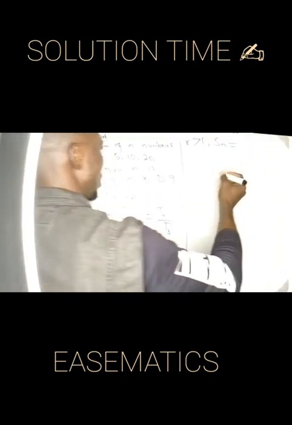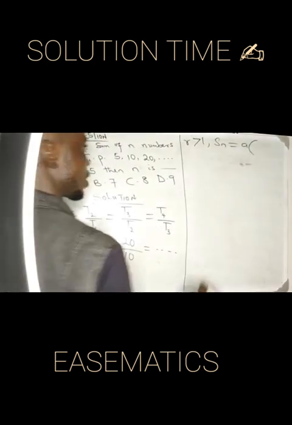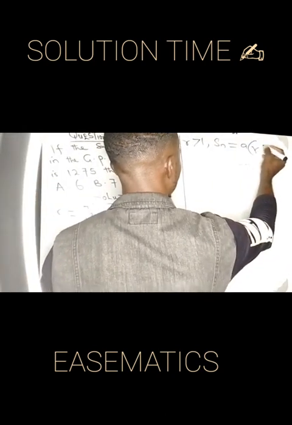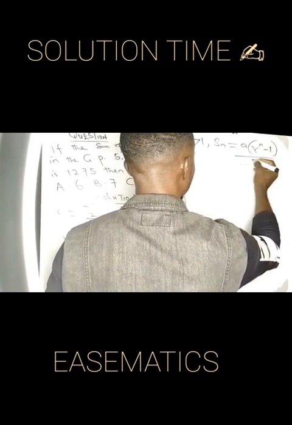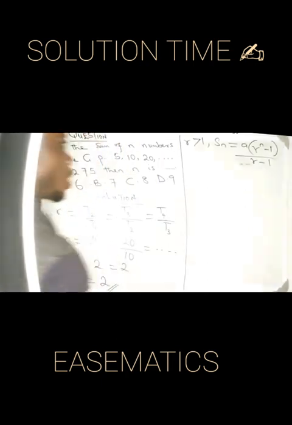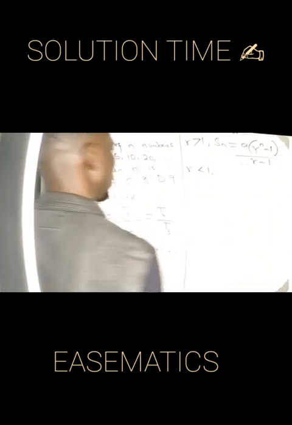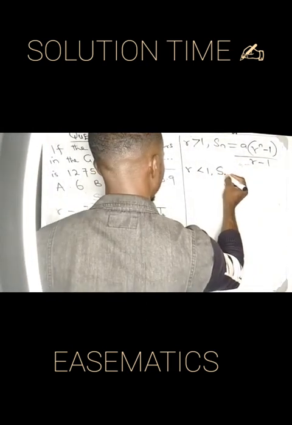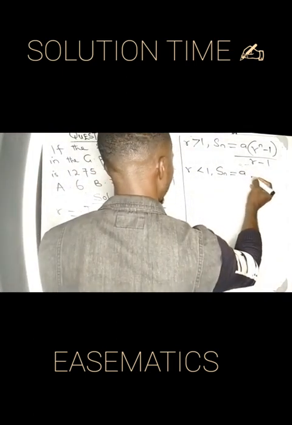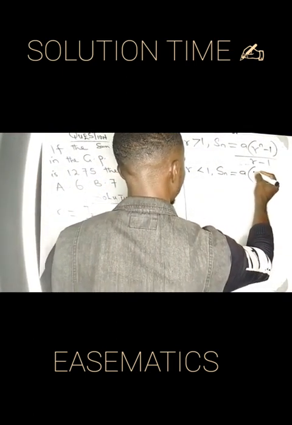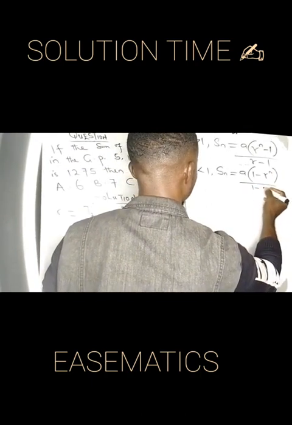The first formula is for when r is greater than 1: the sum of n terms is a, the first term, times (r to the power of n minus 1) all over r minus 1. But when r is less than 1, the sum of the n terms is a times (1 minus r to the power n) all over 1 minus r.